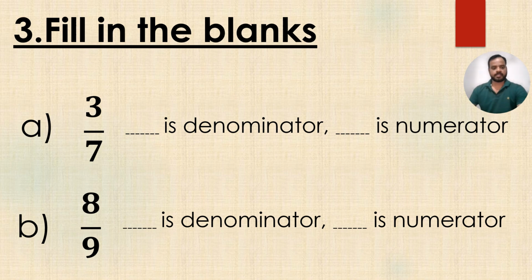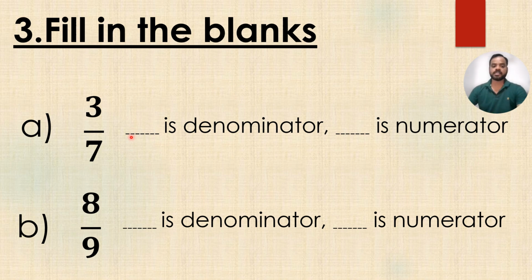Now fill in the blanks. In this question, you have to write the denominator and the numerator. We know that above the line, the top part of the fraction is the numerator and the below part of the fraction is the denominator.